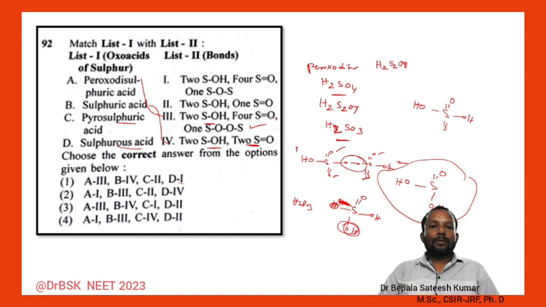So the option is 2 S-OH bonds, 1 S=O bond. So this belongs to this. Finally, pyrosulfuric acid is this. So option 3 is the correct one. Remaining all are wrong.